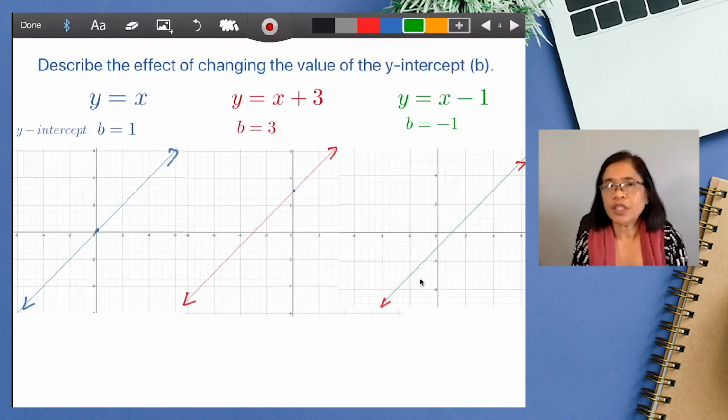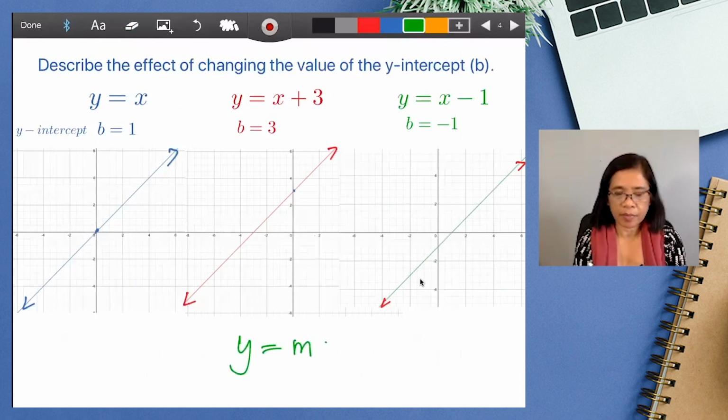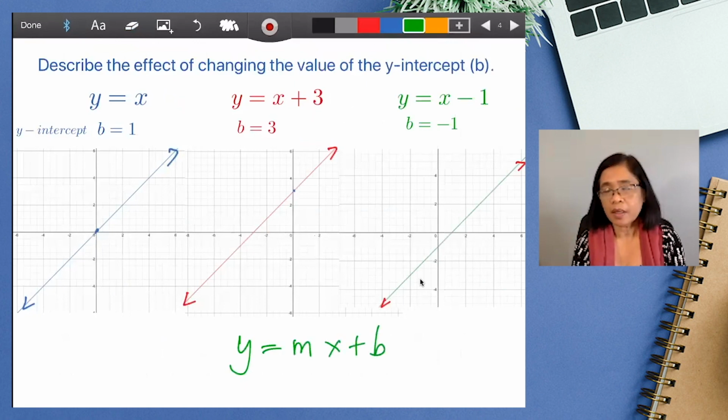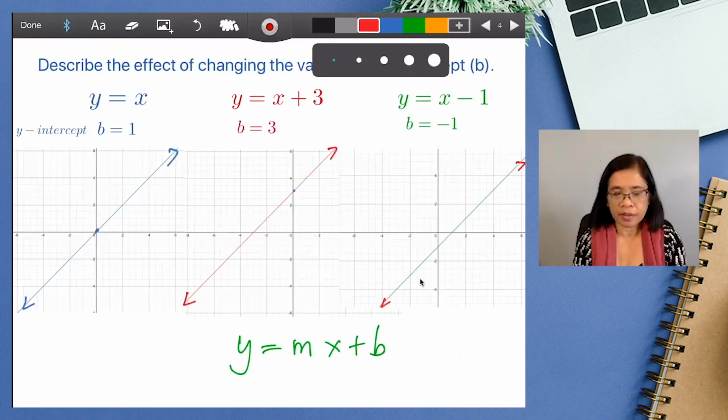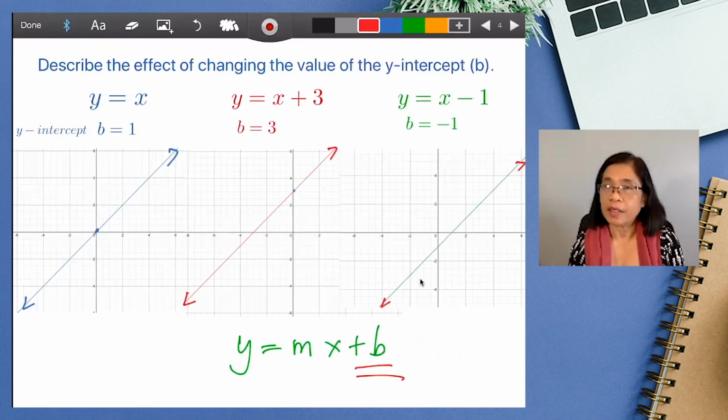How about if we change another parameter, which is the y-intercept? So in the equation y equals mx plus b, in the following examples, we will be changing the value of b. And let's see what will be the effect of this change on the graphs of the functions.